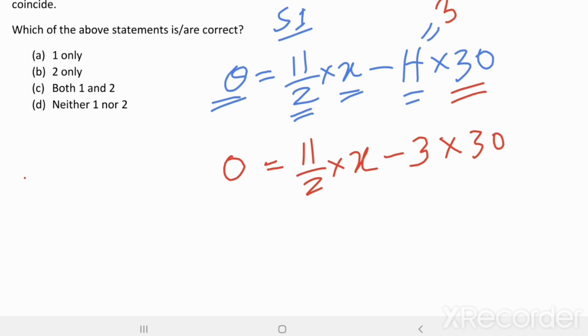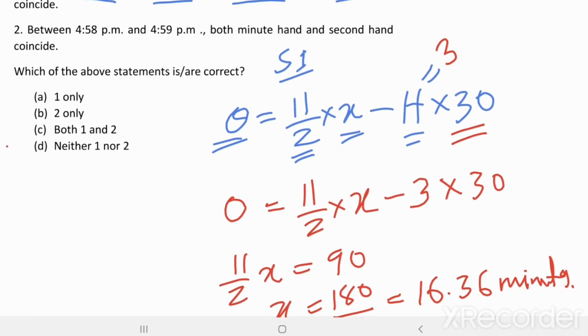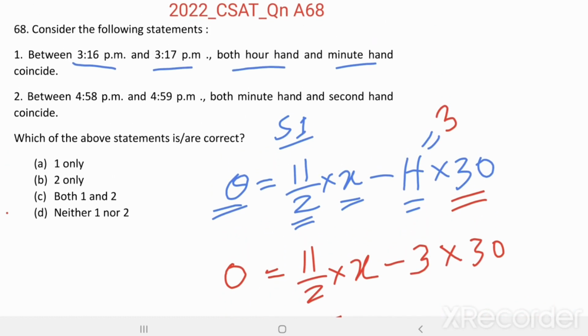Rearranging this, we get 11 by 2 x equals 90 degrees. x equals 180 divided by 11, which is equal to 16.36 minutes. This means that between 3:16 p.m. and 3:17 p.m. both hour hand and minute hand coincide. Statement 1 is correct.